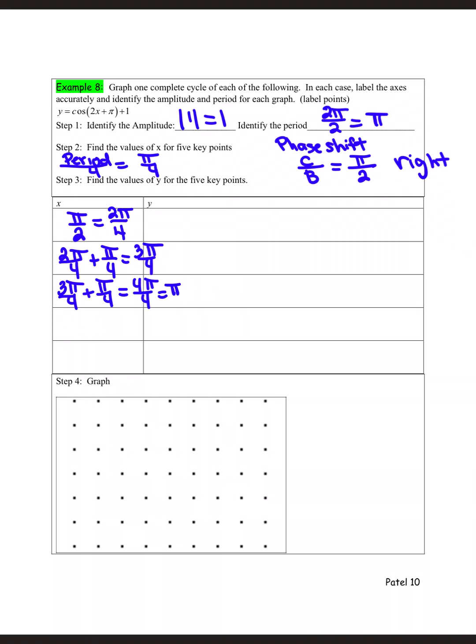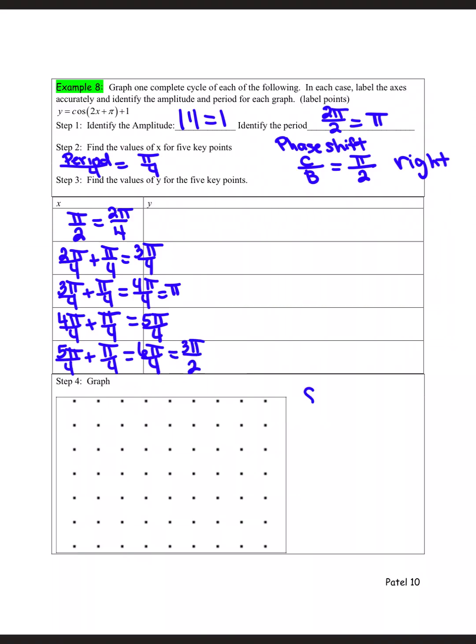And then 4 pi over 4 plus pi over 4 is 5 pi over 4. And my last point is 5 pi over 4 plus pi over 4, which is 6 pi over 4. And I can simplify that to 3 pi over 2.